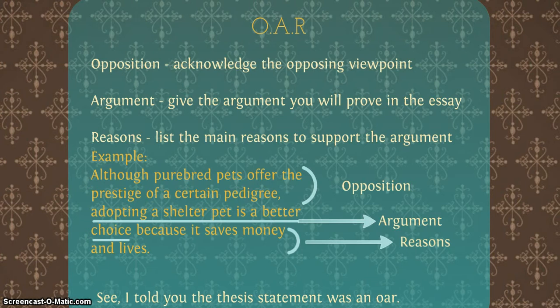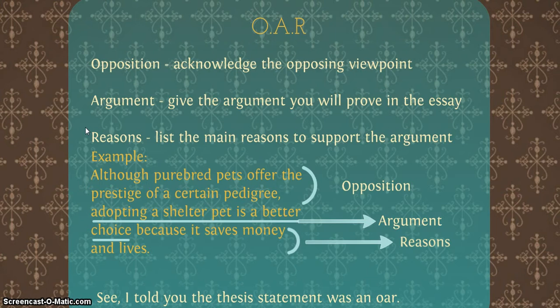The A is the argument, that's where you give the argument that you're going to prove in your essay. And then lastly, the reasons, that's the R. List the main reasons to support the argument. So as you can see, it spells out O-A-R, oar.